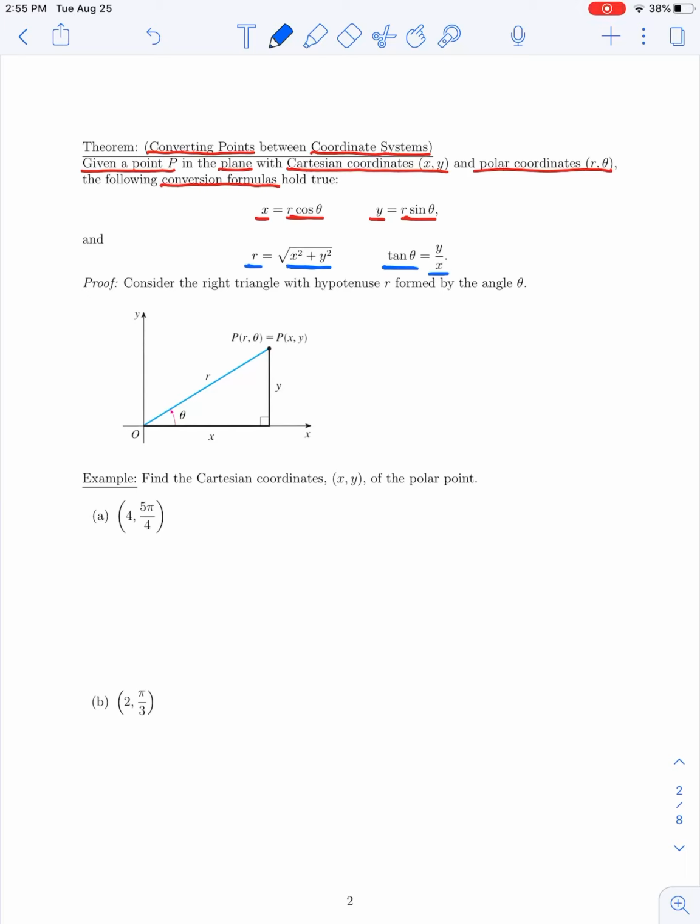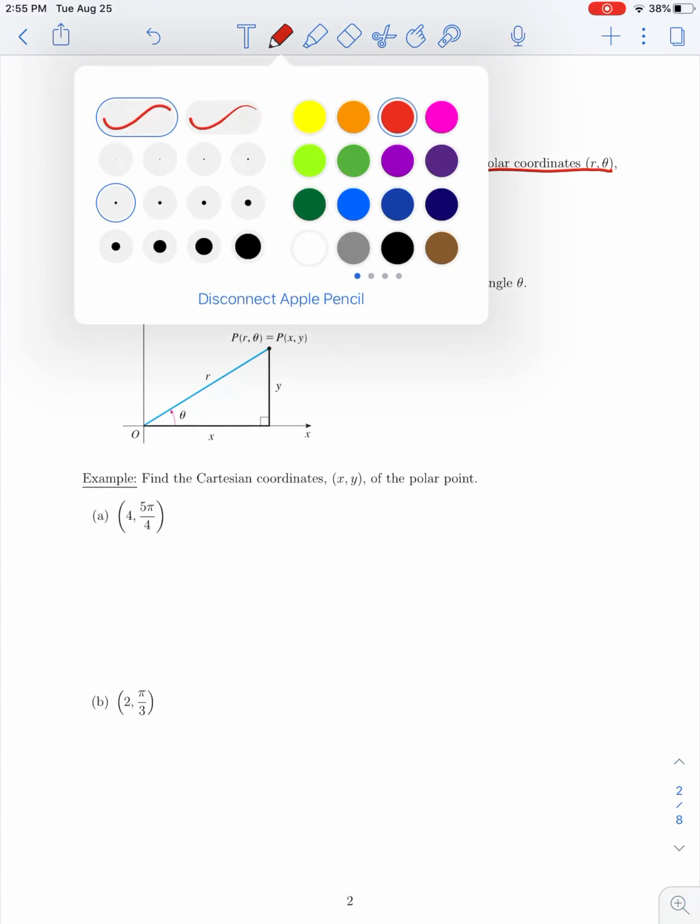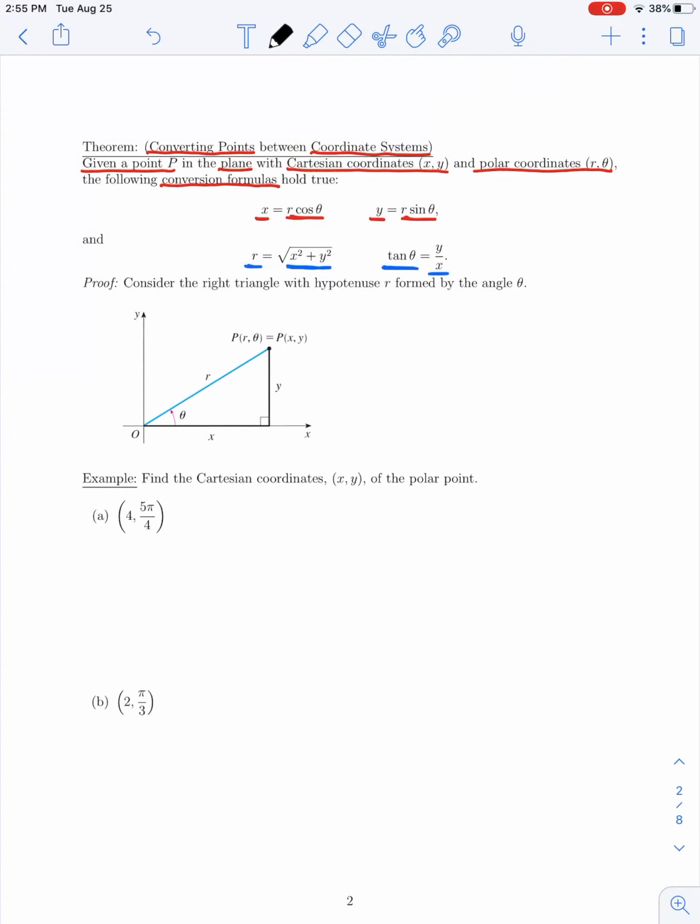So let's think about why these conversion formulas hold, and this will give us a way to remember them. Let's say in the xy plane, or however we've assigned a coordinate system, we have a point P. So P here has rectangular coordinates x and y, so how far we've moved in the x and y direction.